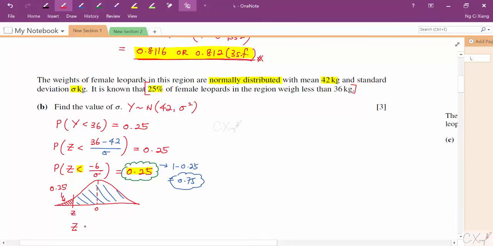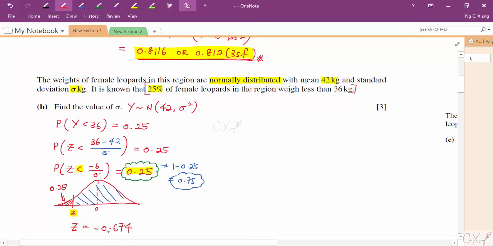The value of z will be 0.674, but you have to decide whether this is a positive value or negative value from our graph. So our graph here, the z is on the left hand side of 0, right? So that means the value of z should be a negative value. So it should be negative 0.674.